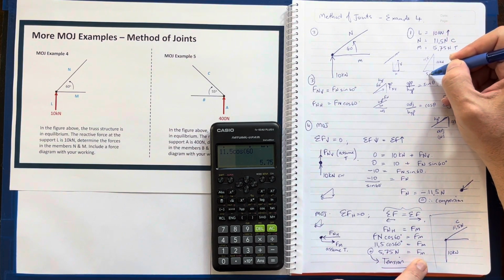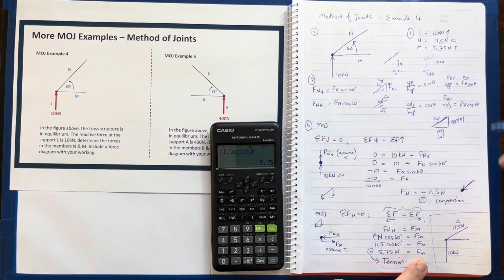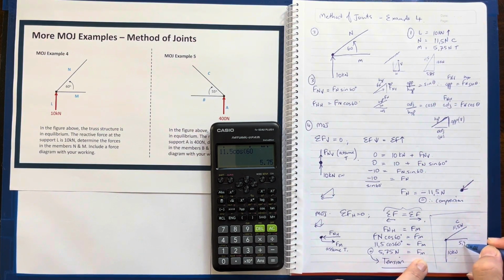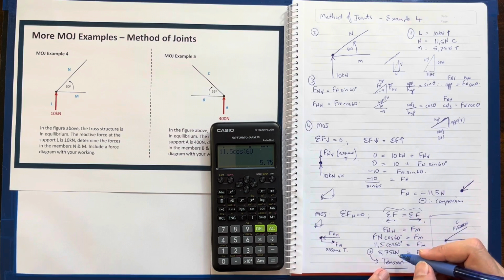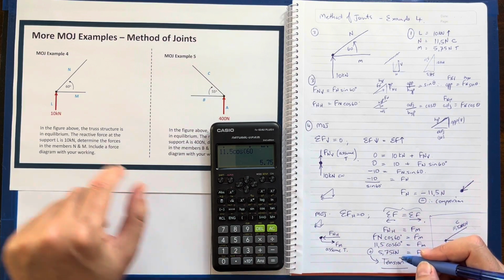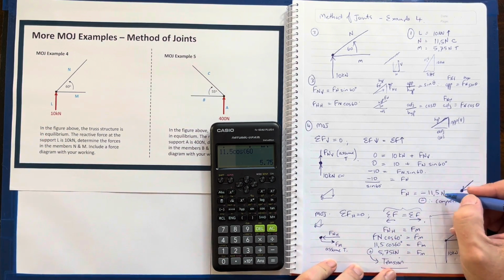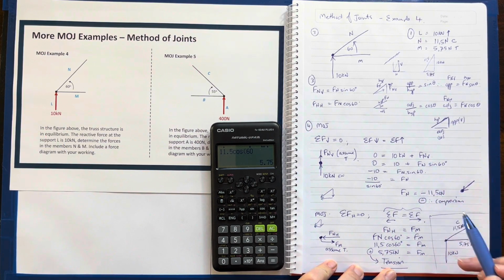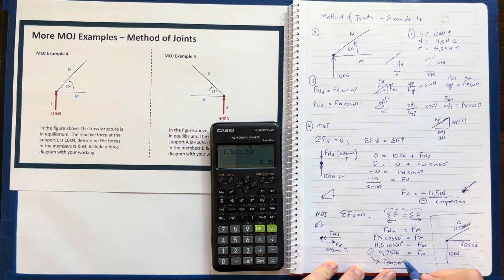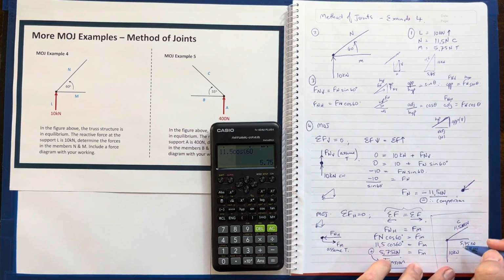And this is 5.75 kilonewtons. Be sure to put the correct units. I made a mistake there, I put newtons only. Were they all in newtons? No, they were kilonewtons. Be really careful with your units, because you can actually get that wrong if you just put newtons instead of kilonewtons, and I made that mistake.